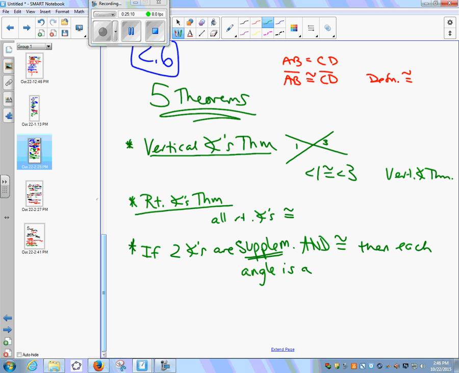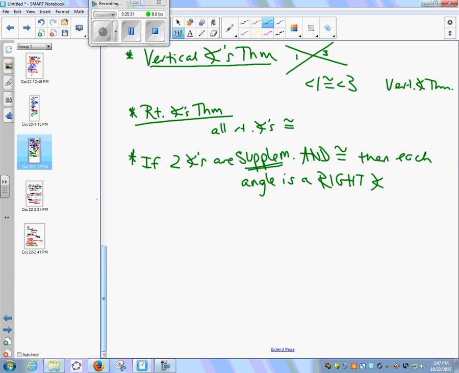Two angles are supplementary, meaning they add up to 180, and they're congruent, so they're equal to each other, then each angle is a what? Right angle. If they're equal to each other, they have to both be 90 to add up to 180. So each is a right angle.